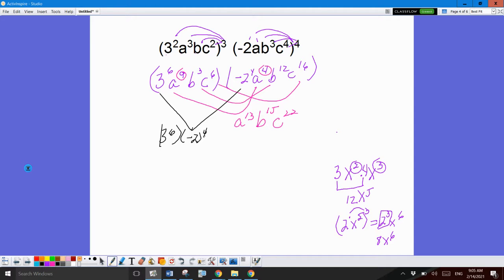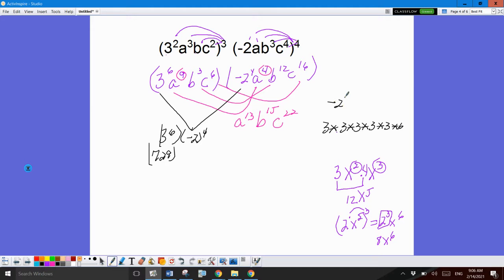So positive 3 to the 6th power, remember that is 3 times 3 times 3 times 3, that's not 18. 1, 2, 3, 4, 5, 6 of them. Okay, there's 6 of them. That is 729. Okay, that's 729.